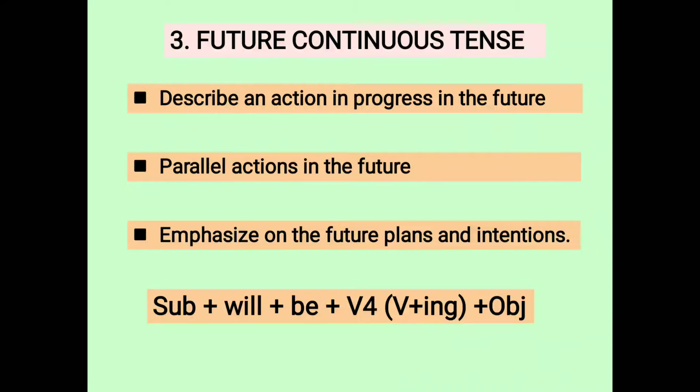So any action that is going to continue for a period of time in the future, here we use future continuous tense. Secondly, we use it for parallel actions in the future. Several actions happening parallelly or together in the future, for that also you use future continuous tense.